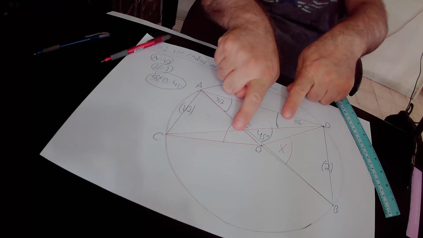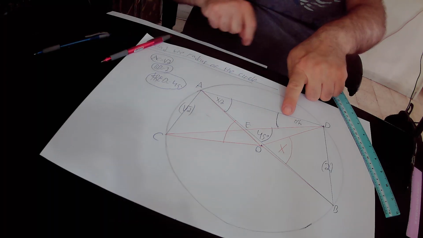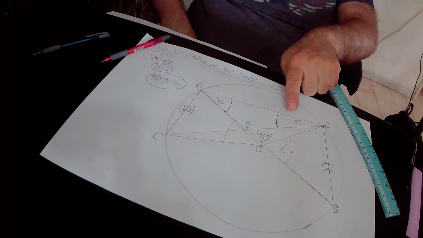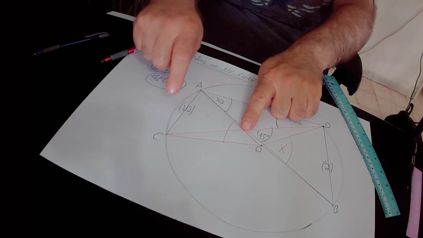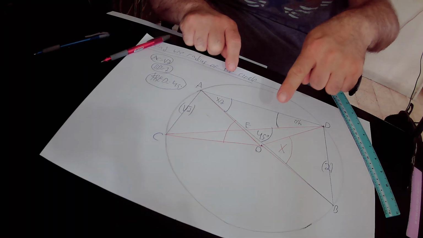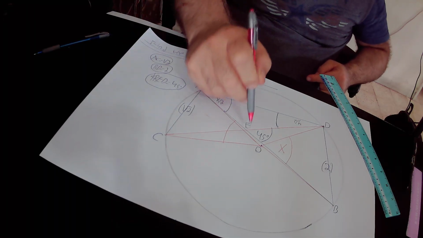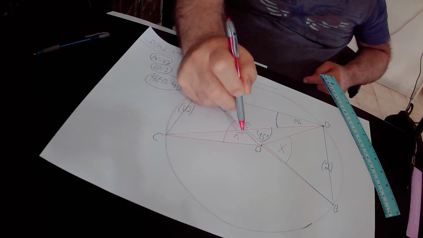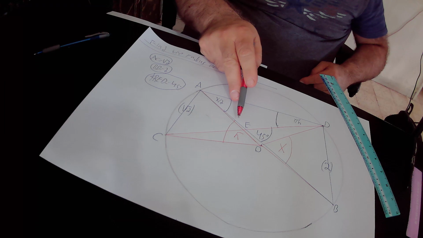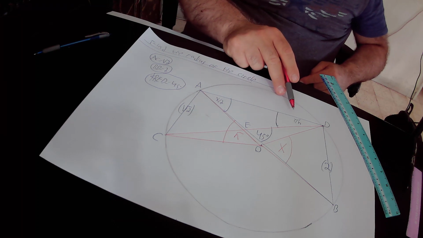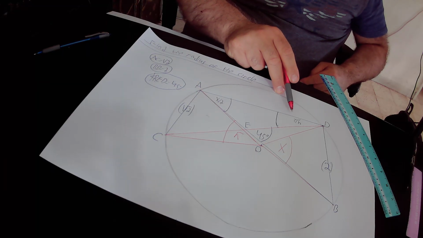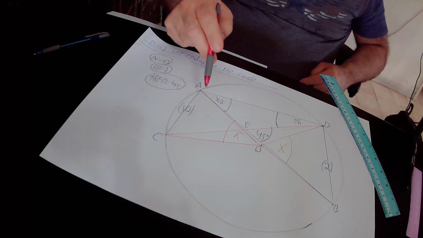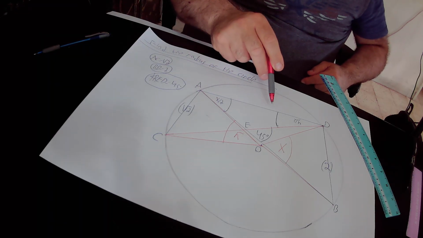The size of peripheral angle ADC is y over 2, and therefore the size of central angle AOC must be equal to y over 2 times 2, that is y, according to rule 13. The central angle must be twice as large as the peripheral angle subtended on the same chord AC.